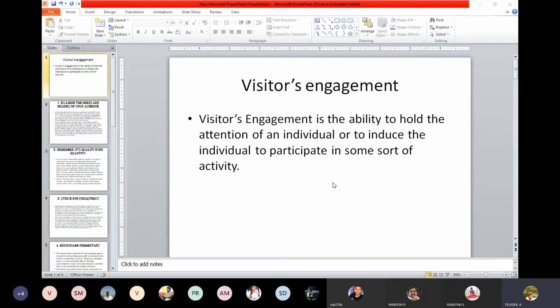So engaging the visitors to your product, or in other words holding the attention of an individual, or making people participate on your product, that is called visitors engagement.